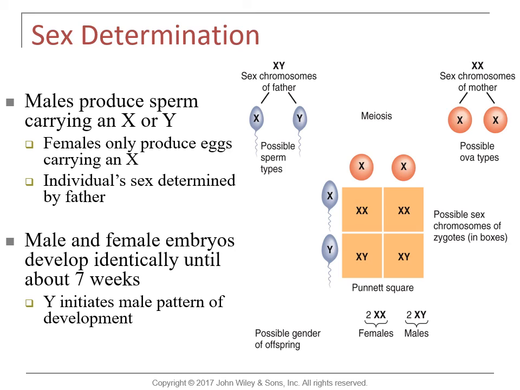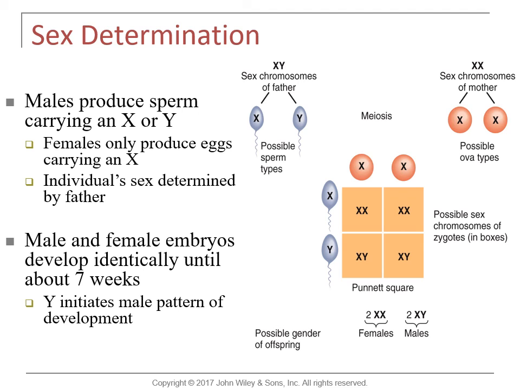Sex determination. So when a spermatocyte undergoes meiosis to reduce its chromosome number, it gives rise to two sperm that contain an X chromosome and two sperm that contain a Y chromosome. So, and then oocytes, they have no Y chromosome and they produce only X containing gametes.